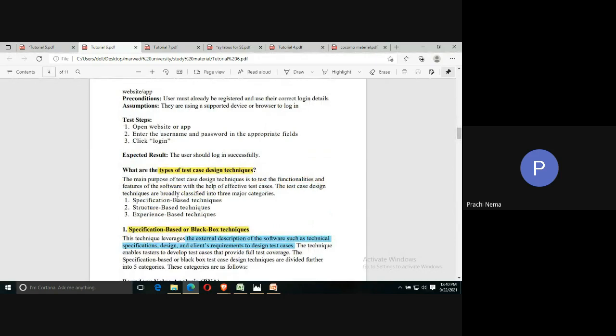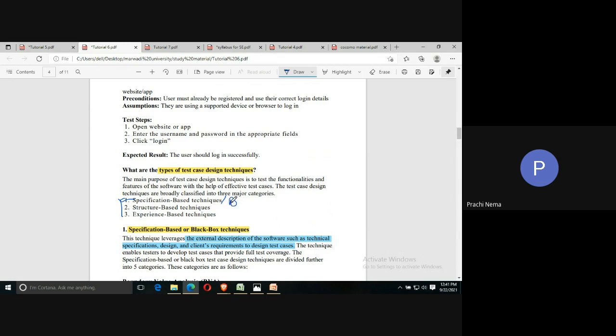Now there are various techniques, as I was telling you, for designing these test cases, and those techniques have been categorized into three types. That is specification based technique, इसको बोलते हैं ब्लैक बॉक्स टेक्निक.